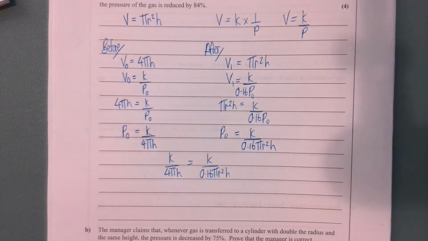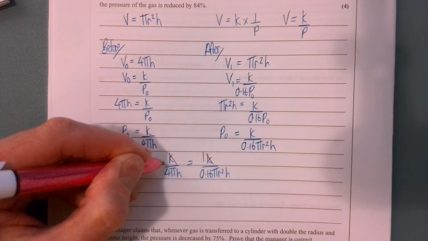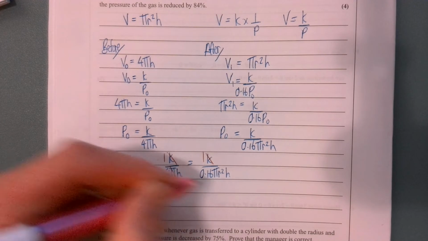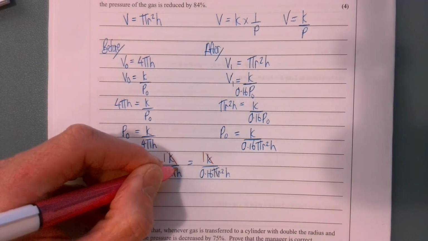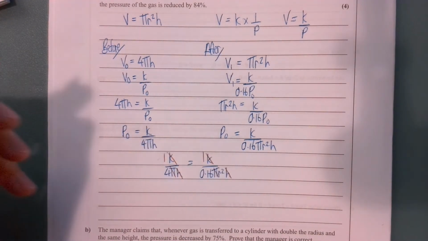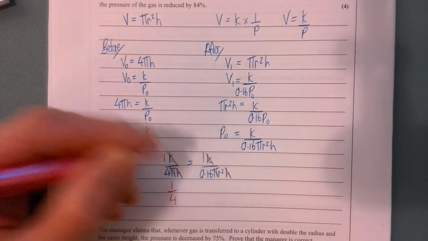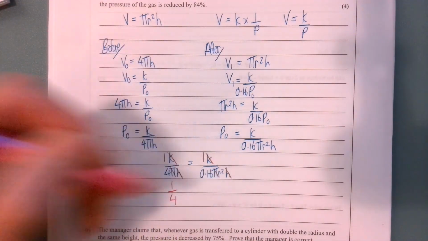And now I can start cancelling. We know that I can divide both sides by k. Can divide both sides by pi, and divide both sides by h. h isn't 0, so I can divide both sides by h. So I'm left with 1/4, and don't forget we want to know the radius of the new cylinder. So it's r that we're trying to find.